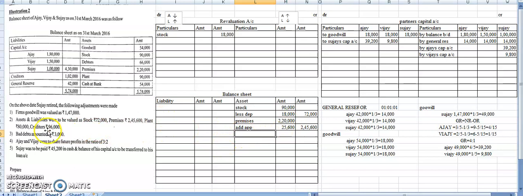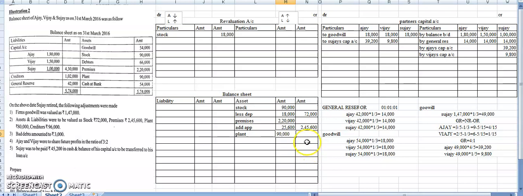That is plant. The amount which is given in adjustment is 80,000. So firstly I'll write the amount which is given in the balance sheet. The plant amount which is given in the balance sheet is 90,000. So I am writing 90,000 in the internal column.